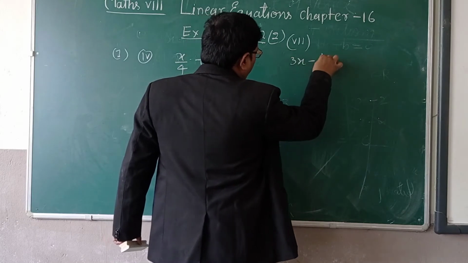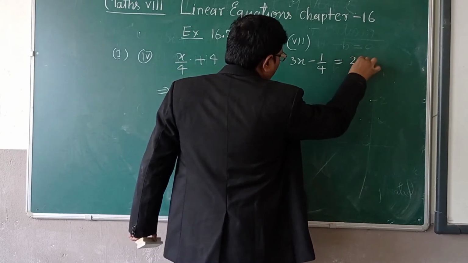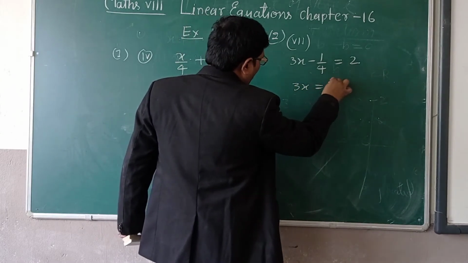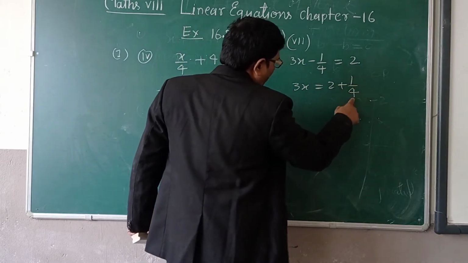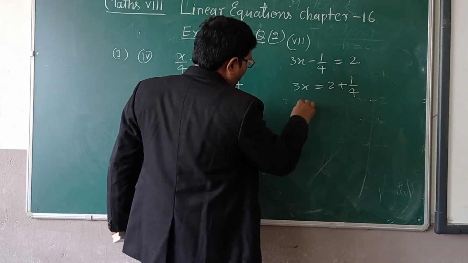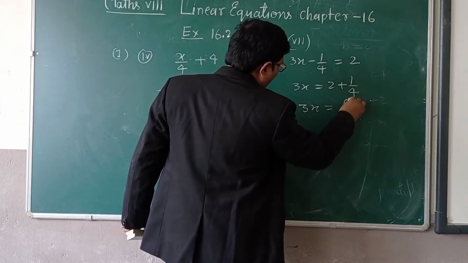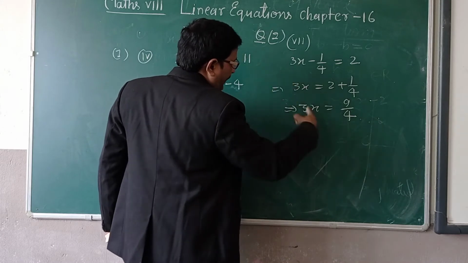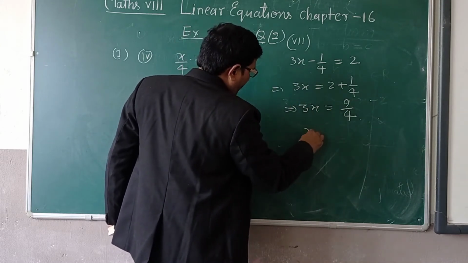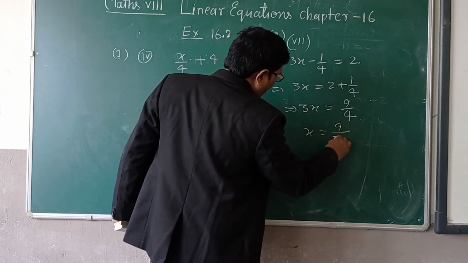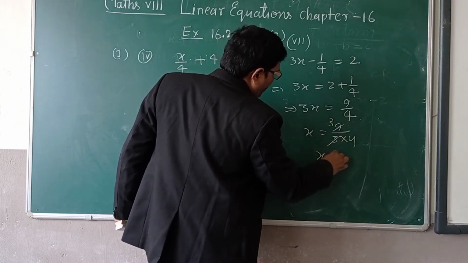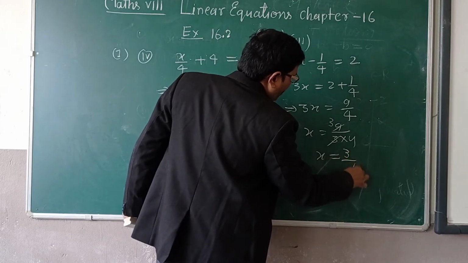Minus on this side becomes plus. 3x is equal to 2 plus 1 by 4, which is 9 by 4. 3x is equal to 9 by 4. 3x is multiplied, so this side divide. Means x is equal to 9 divided by 3 into 4. 3 3s are 9. x value is 3 by 4.